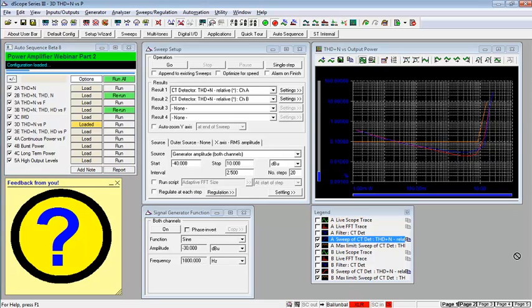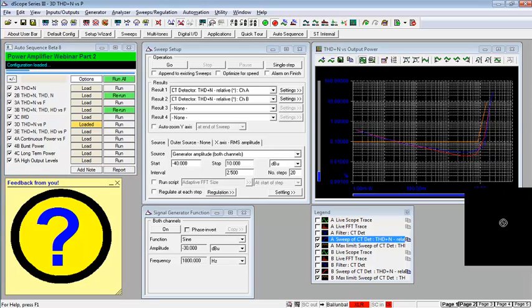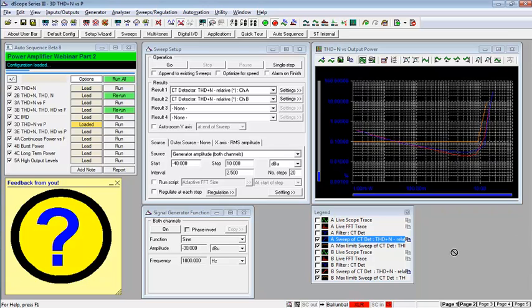So let me again ask you, the audience. I will launch another survey question, and this survey will ask you why you think this particular measurement, THD plus N versus output power, failed. Is it due to a rising noise floor at low power, low amplitude?